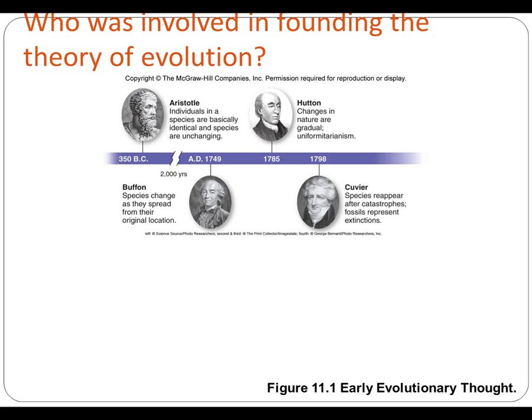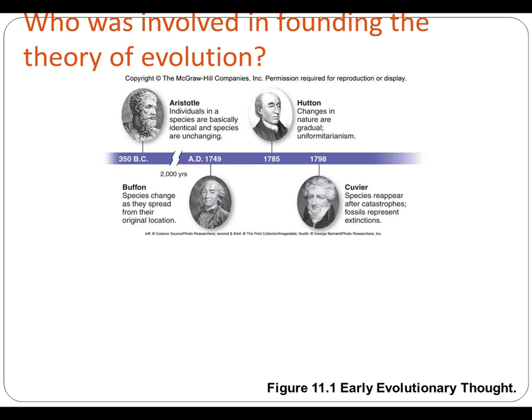If we highlight a couple of other scientists, Buffon, he noted in the mid-1700s that when species physically move to a different location, something about them changes. So, for example, if a human moves from America to, say, Africa, something causes them to change.